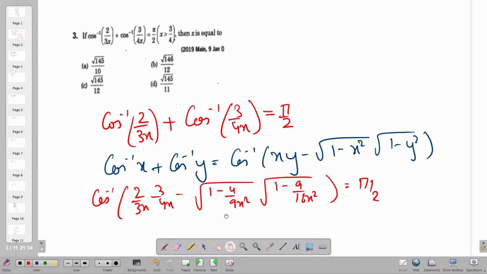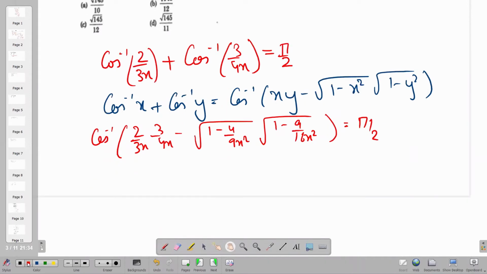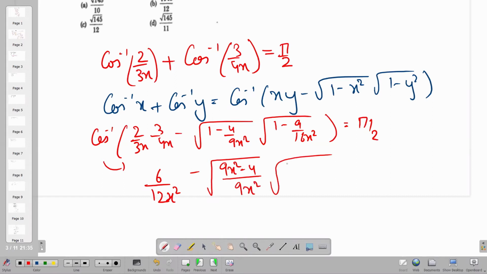If I take this cos inverse to the right hand side, this comes out to be 6 upon 12x square minus, after taking LCM, root of 9x square minus 4 upon 9x square into 16x square minus 9 upon 16x square, is equal to cos of pi by 2, and cos pi by 2 is 0.